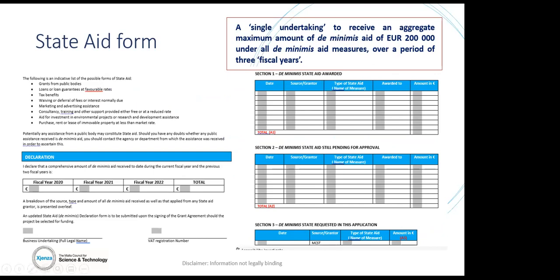You have to declare if you received any other forms of funding from the government or any other form of state aid. This could be grants, loans, or guarantees at favorable rates, tax benefits, etc. So make sure that within 3 fiscal years, you did not exceed €200,000. If you did exceed, then unfortunately, you would not comply with the state aid rules.